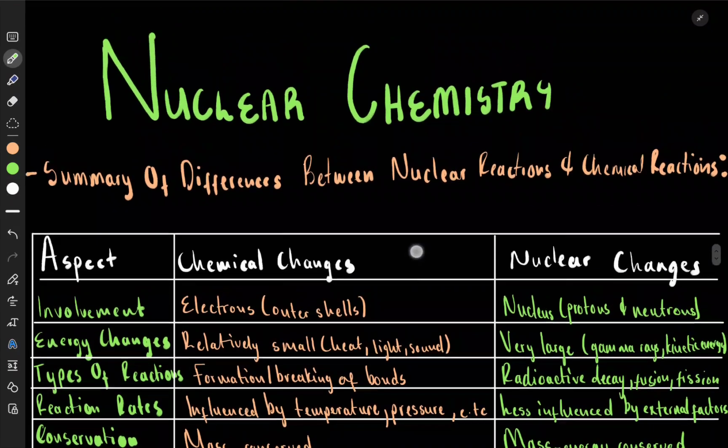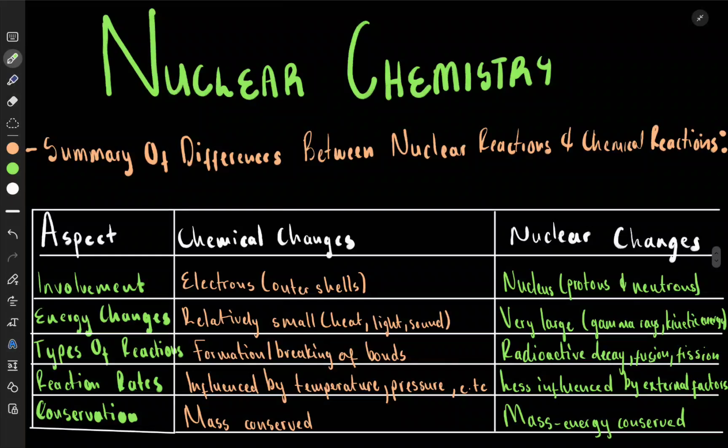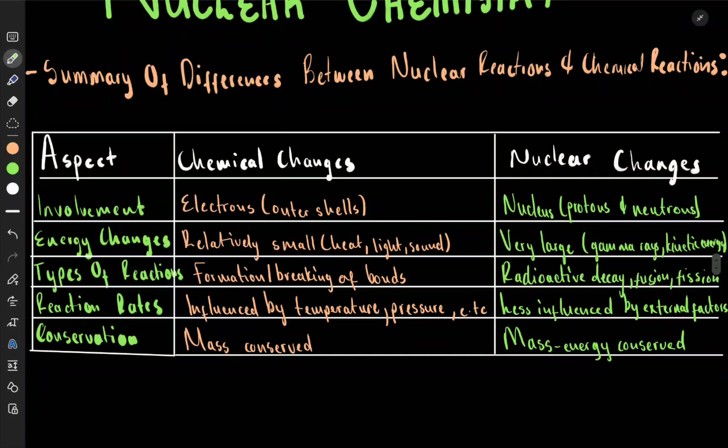Now, the first thing that I've done as we are going into this topic is to make you understand the difference between the chemistry you are starting to do now and the one you've been doing, which is the difference between the nuclear reactions and the chemical reactions. All right? So I've listed down about 5 key differences between nuclear reactions and chemical reactions.